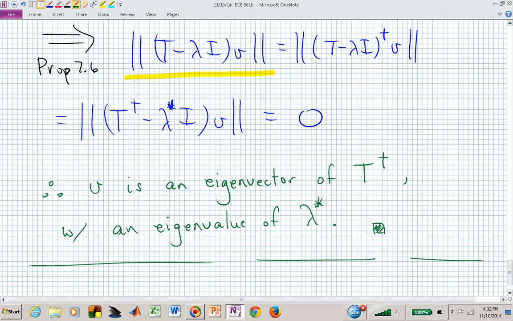And that was fairly quick to determine because we started with T minus lambda I being normal. With T minus lambda I being normal, we can start equating these norms. Equating those norms allowed us to show something about this eigenvalue-eigenvector relationship of T and its adjoint.